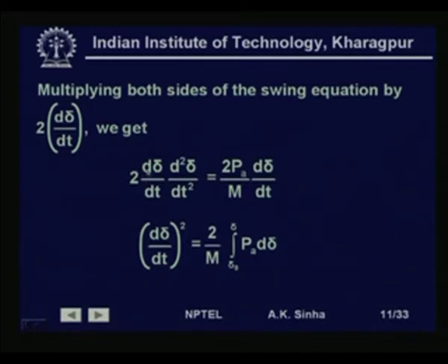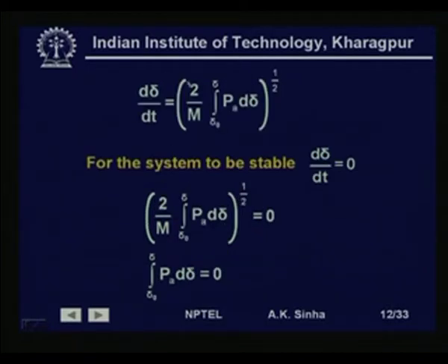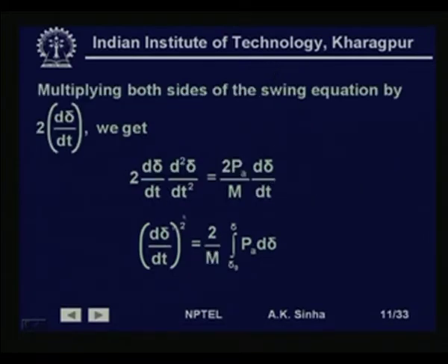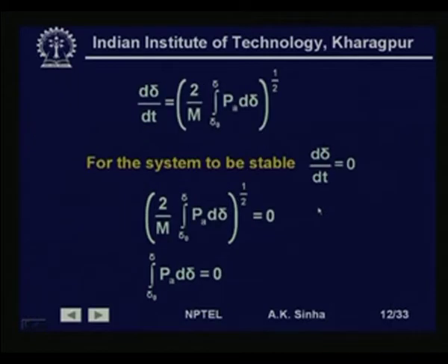If we integrate this, we get (dδ/dt)² = (2/M) ∫ Pa dδ, with limits from the initial operating point δ0 to the final operating point δ. So, dδ/dt = [(2/M) ∫ Pa dδ]^(1/2), the square root of this, since we had the square on the left side.